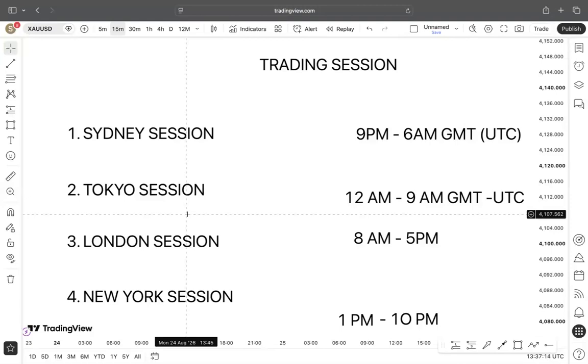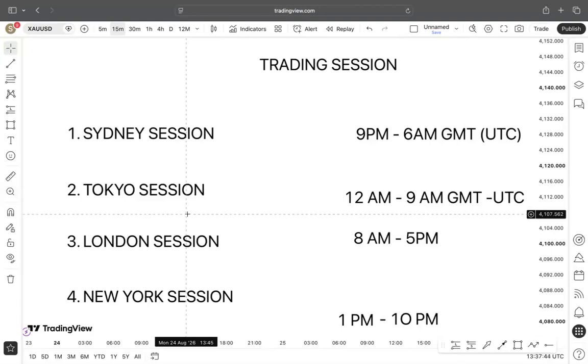Okay, now the times that are shown here are based on GMT UTC. So you have to convert them to your region for you to understand it very well. So the Africans use what? West African time. So you can convert it to get the time for your region. Now for people that are in London and the UK, sessions might shift by 1 hour due to daylight saving time.